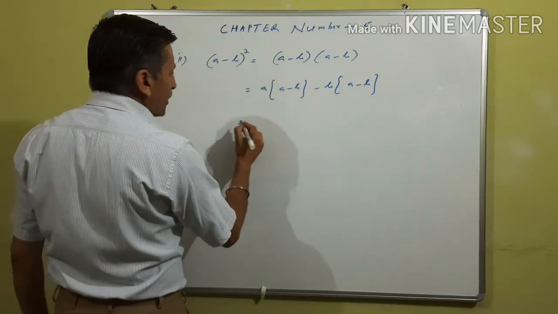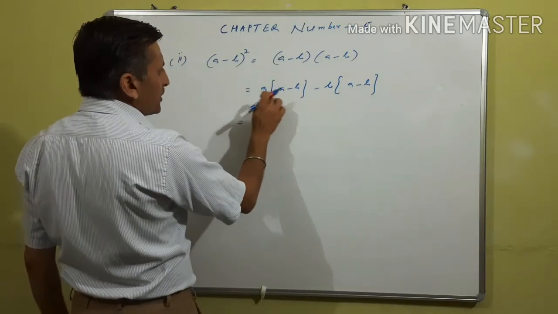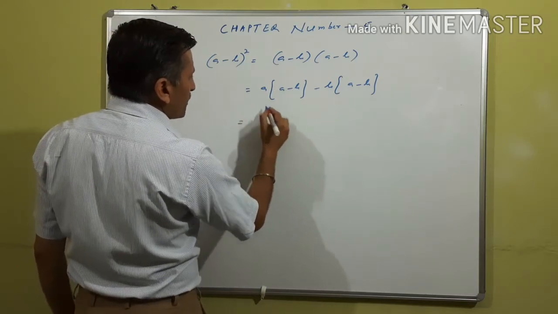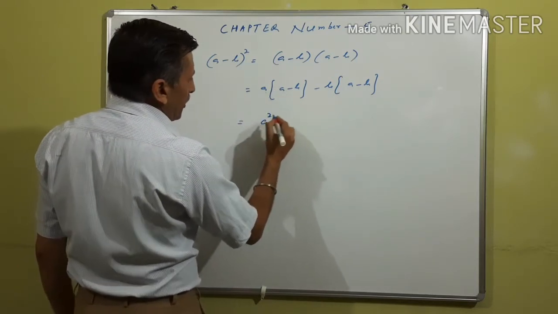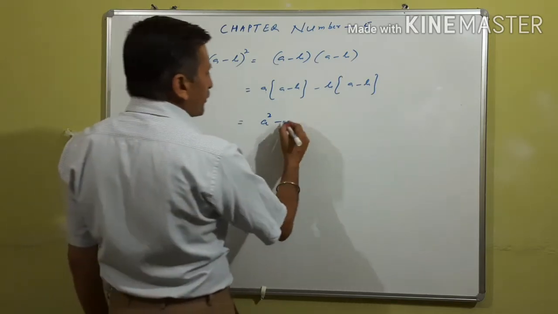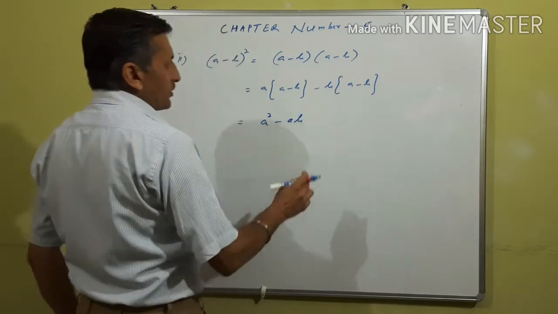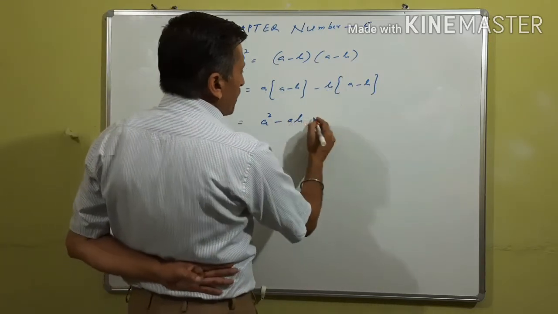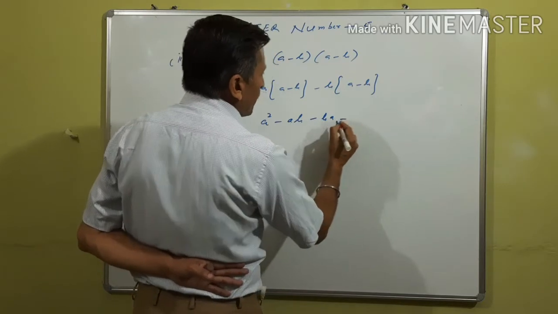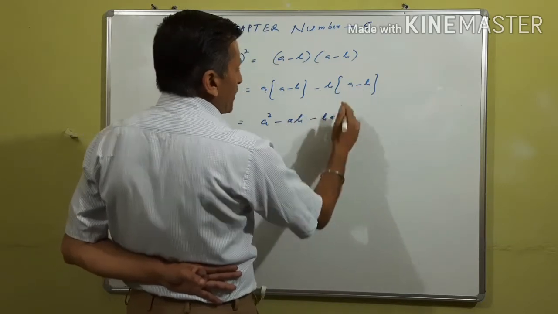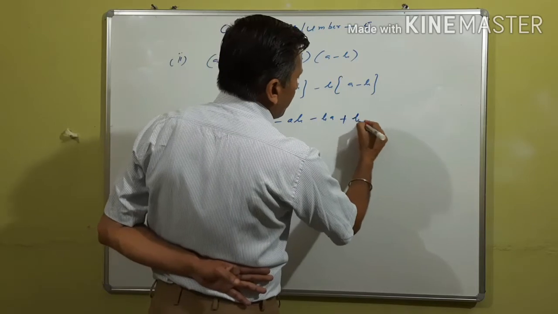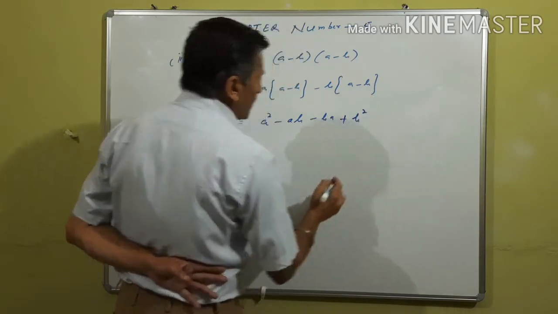Once again open the brackets: a into a is a square, a into minus b is minus ab, minus b into a is minus ba, and minus into minus is plus, b into b is b square.